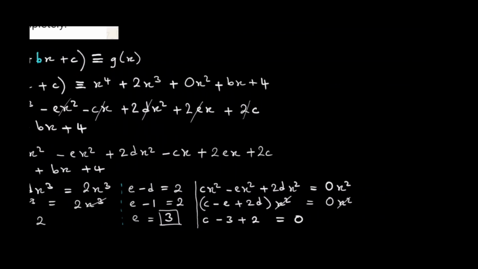So what does it mean? Here we say therefore c is equal to what? Minus 3 plus 2 is minus 1. So c is equal to 1, and c is equal to 1 like that.